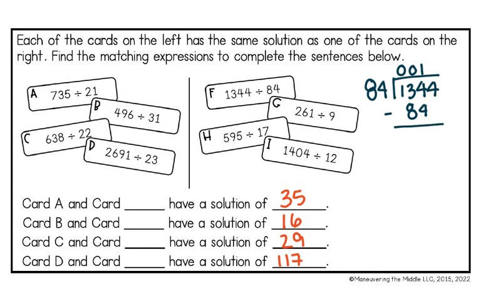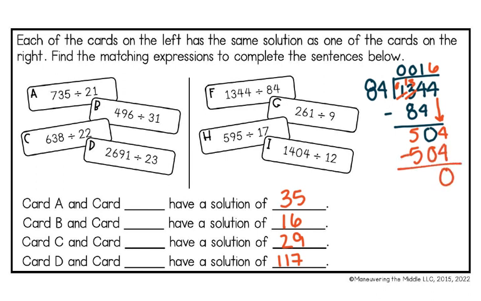We're going to subtract. 4 minus 4 is 0. 3 minus 8 we can't do, so I'm going to borrow from the 1. That becomes a 0. The 3 becomes 13. 13 minus 8 is 5. And then I'm going to bring down that 4 so that we have 504. 84 can go into 504 6 times. 6 times 84 is 504.